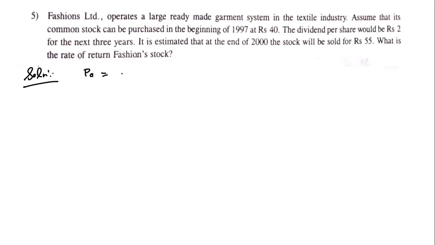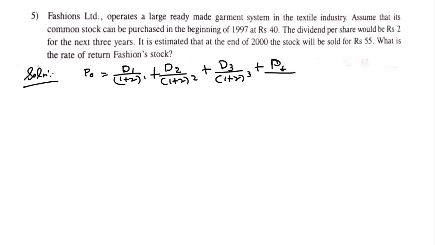P naught is equal to D1 over 1 plus R, plus D2 over (1 plus R) to the power 2, plus D3 over (1 plus R) to the power 3, plus P, that is the terminal price, over (1 plus R) to the power 3.